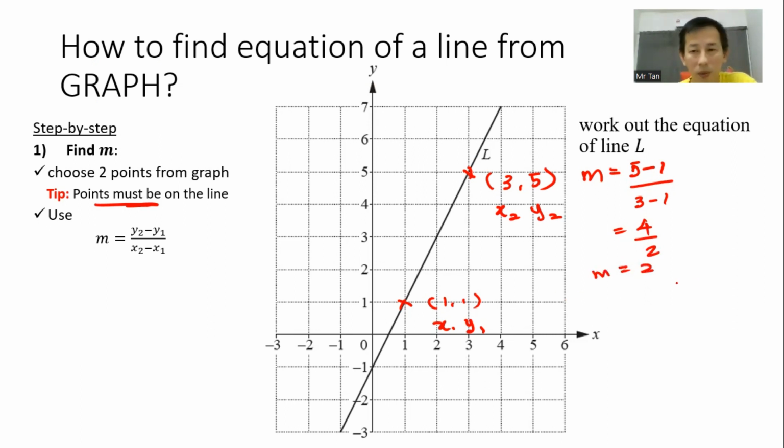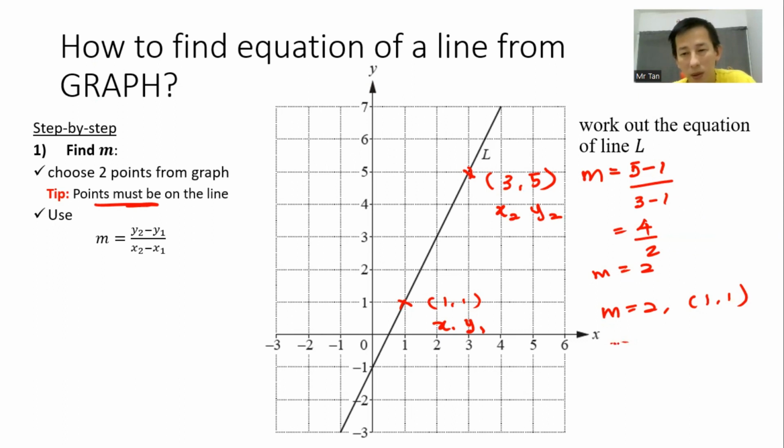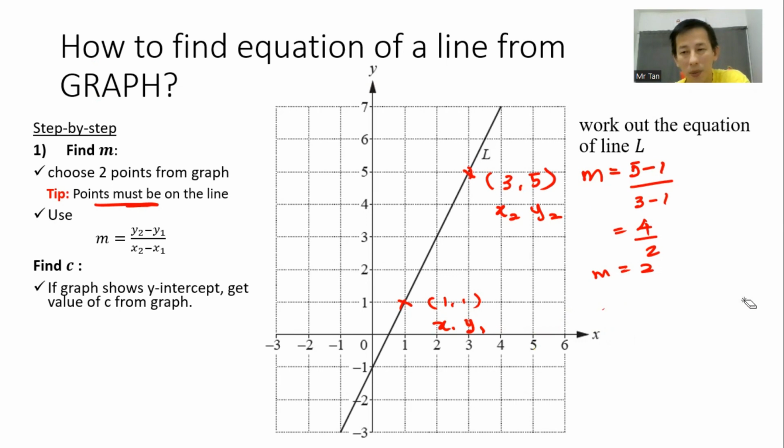And then you pick one coordinate, just take this one. Then you have m equal to 2 and coordinate 1, 1. Therefore, y is 1 equal to 2 times 1 plus c.